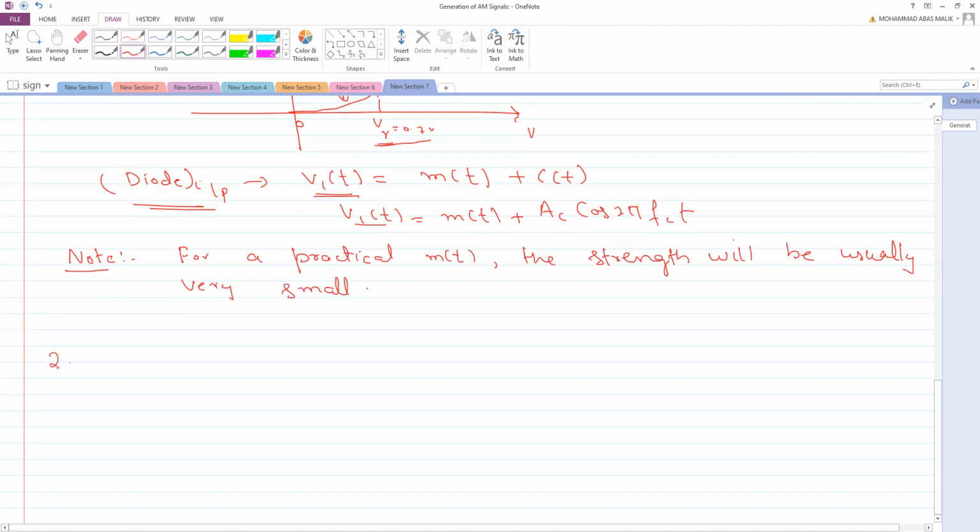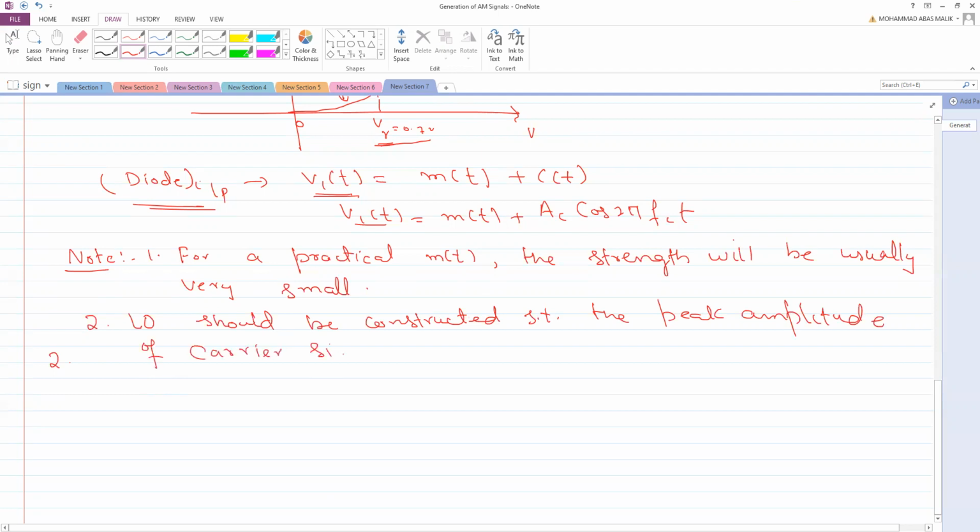So since this will be very small, the local oscillator that's generating your carrier signal should be constructed in such a way that the peak amplitude of the carrier signal should be small, because the amplitude or the strength of your practical message signal is very less.